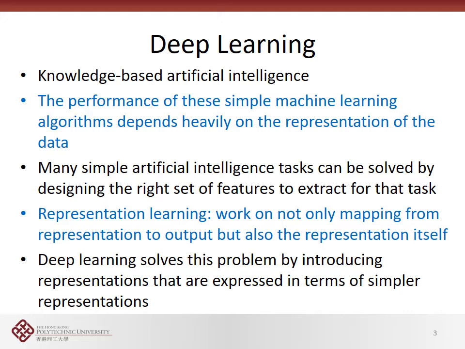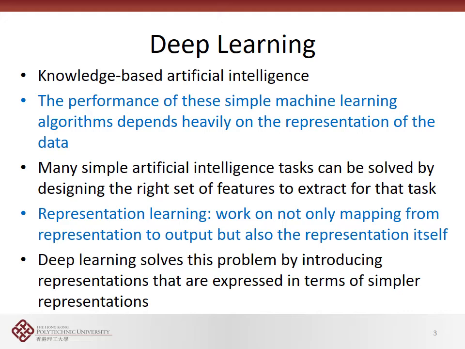Representation learning works on not only mapping from the representation to output, but also the representation itself. It means that representation learning can not only learn how to use representation to achieve good results, but also learn how to get good representations for the data.